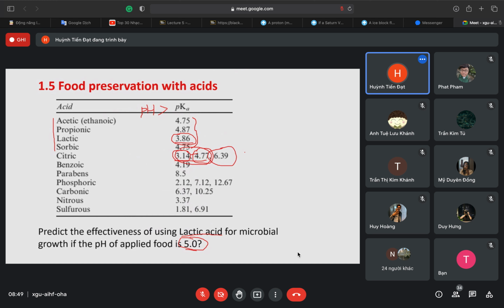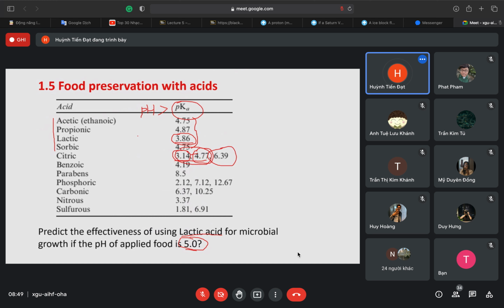Continue. Any question, guys? Okay, so later on, if you are working for a company, or you open your own business, we do not pick the acid based on luck. We base it on the scientific pKa.